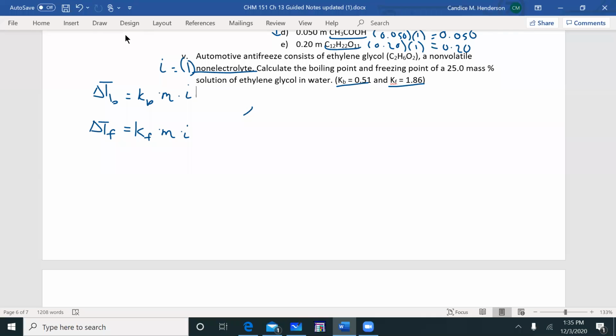So remember, molality equals moles of solute over kilograms of solution. Or not, I'm sorry, not kilograms of solution, kilograms of solvent.